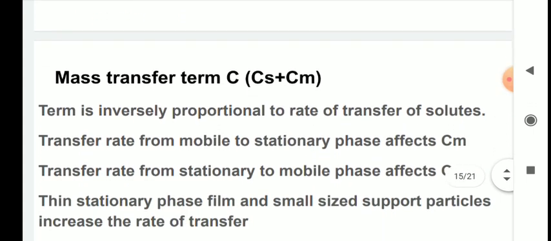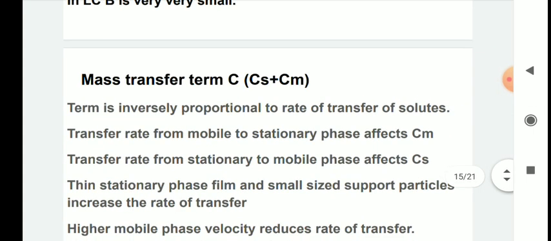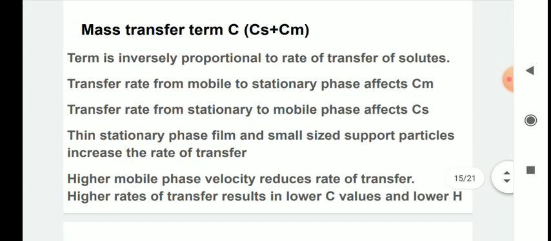Now let's see the third term, which is the mass transfer term C. As we have seen in plate theory, the solute molecules which you are separating interact on a plate and transfer from the mobile phase to the stationary phase, and then come back from the stationary phase to the mobile phase.